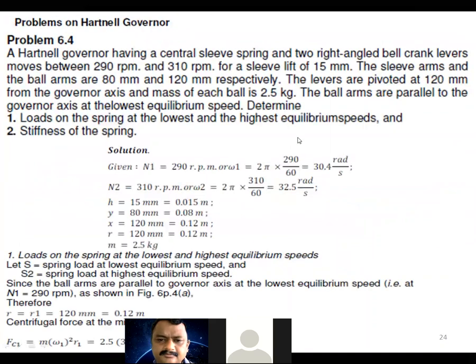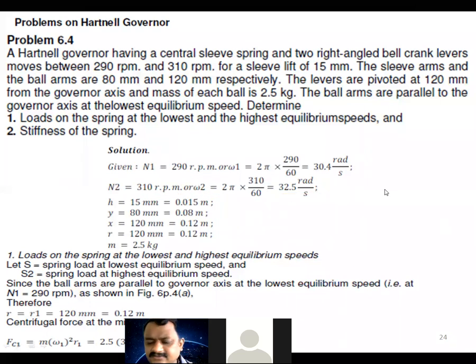What is it? Maximum speed 310 RPM. So therefore the value of omega 2 is equal to 2 pi n2 by 60. N2 is 310. That gives us 32.5 radians per second.